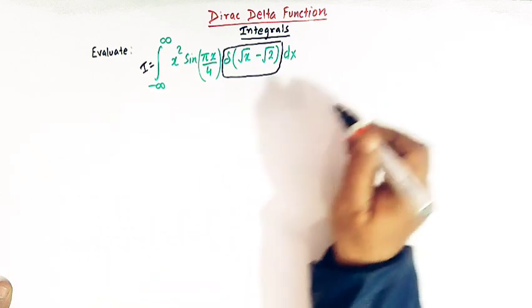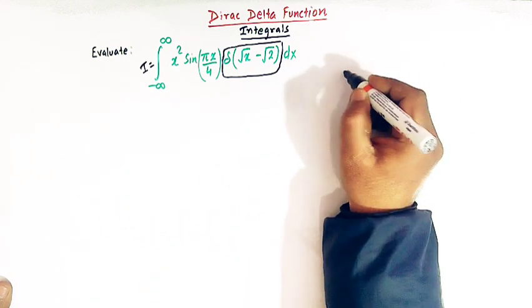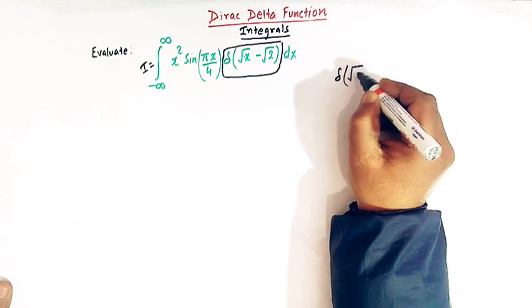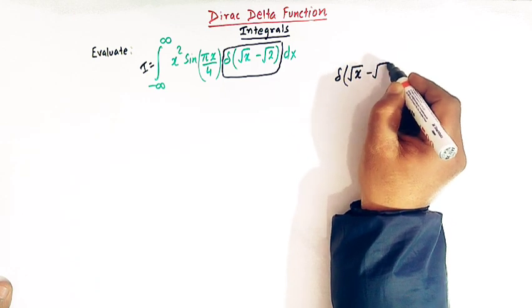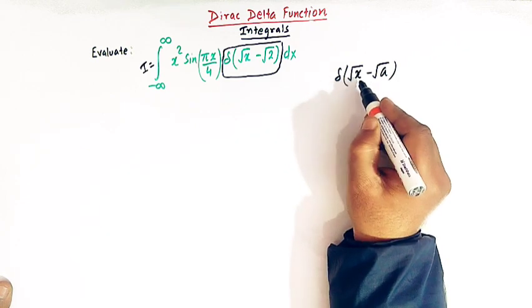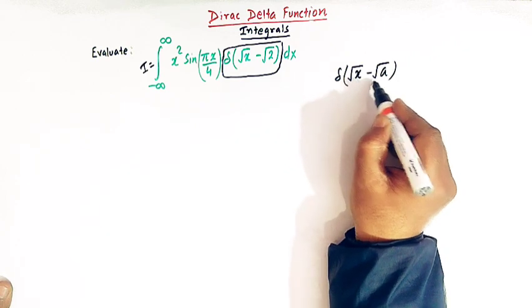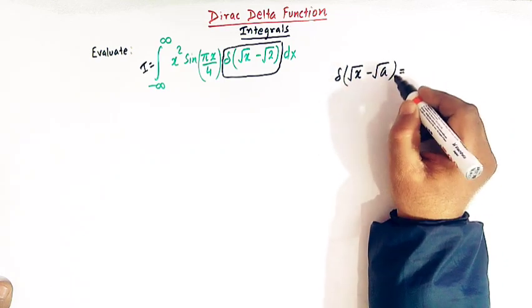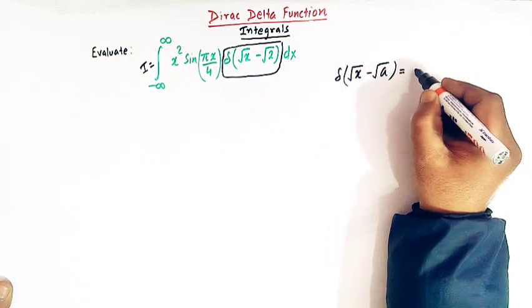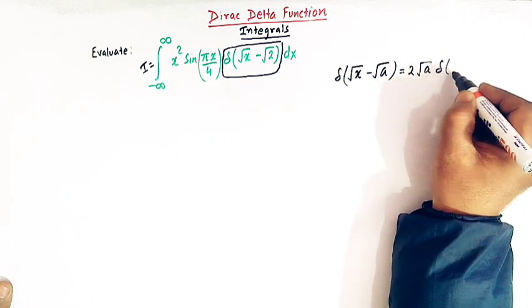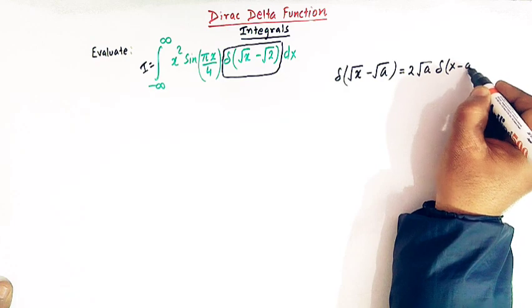Now see, there is an important property of the delta function in which the argument is square root of x minus square root of a. When we have delta of square root of x minus square root of a, the value of this delta function is given by 2 times square root of a, and then delta of x minus a.